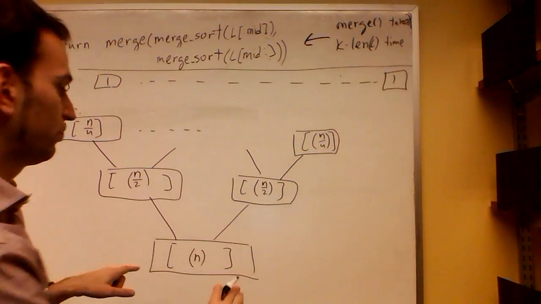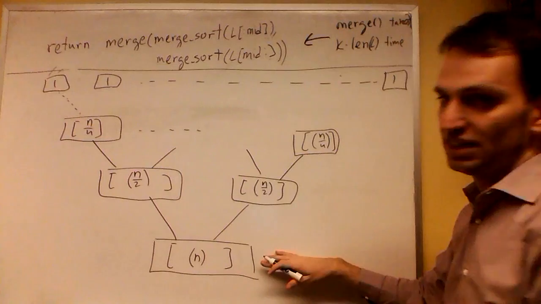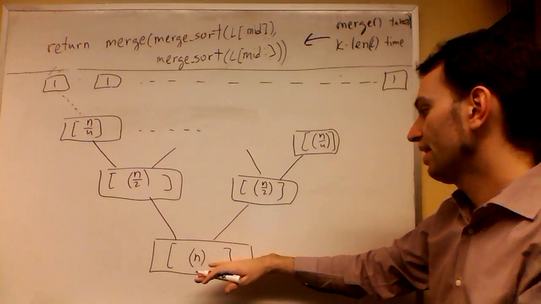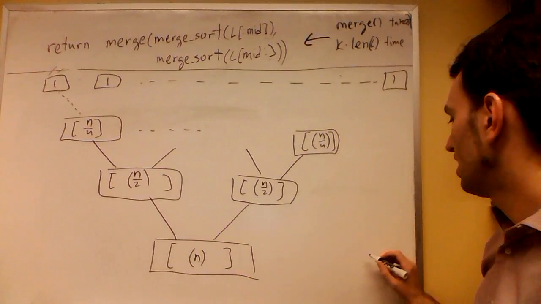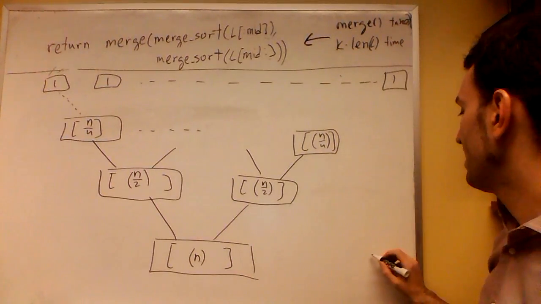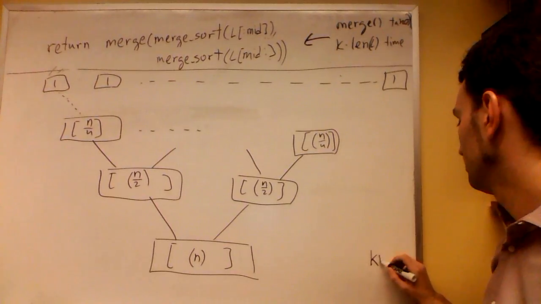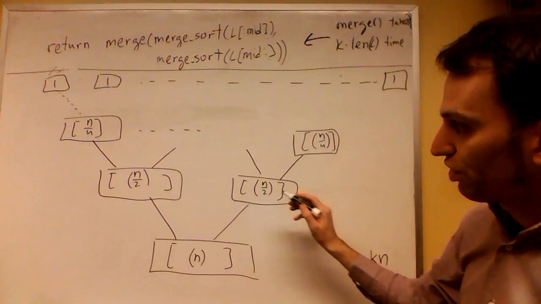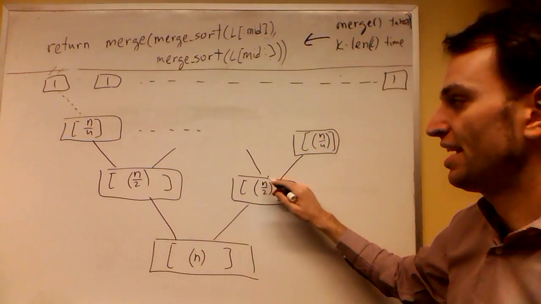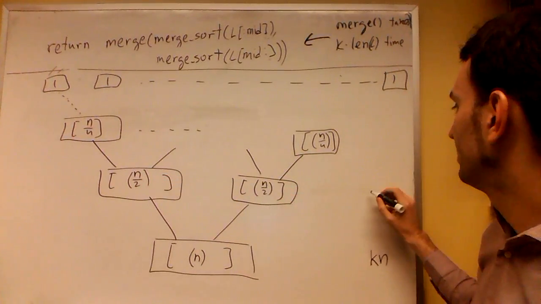So for the first level, it's extremely easy. We just have the one call on the one list of length n, so the runtime is going to be k times the length of L, so kn. For this level, it's going to be kn over 2 plus kn over 2, so kn as well.